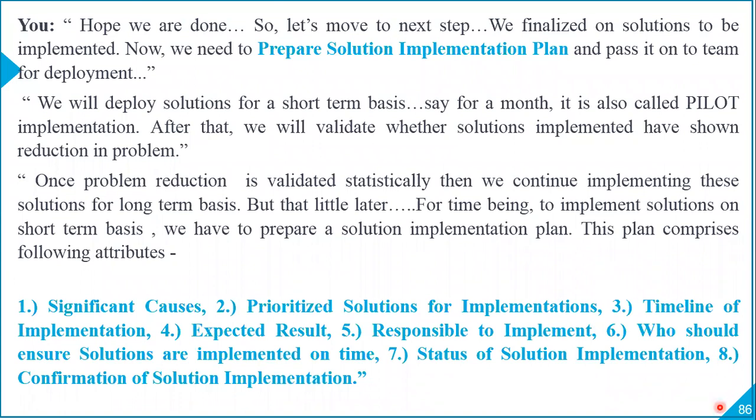Our very first step, of course, is to find the probable solutions, and the second step is to find the potential, or important and critical, solutions out of the probable solutions list with the help of the solution refining exercise. Once we are done with that, we continue. Hope we are done, so let's move to the next phase.